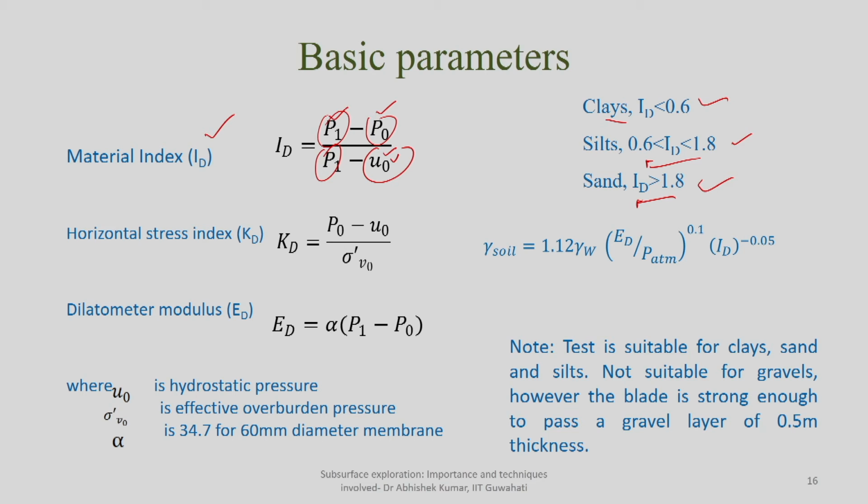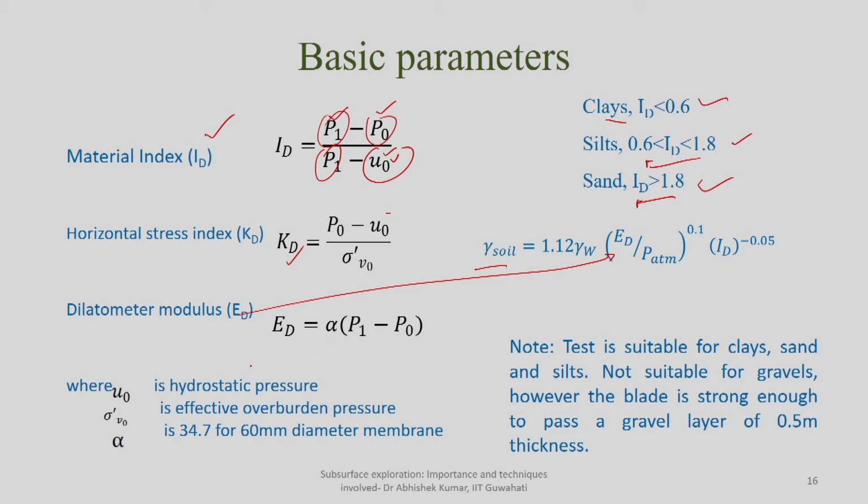Second parameter is the horizontal stress index KD, which can be calculated as P0 minus U0 divided by the effective overburden pressure. The gamma of the soil you can also determine using 1.12 gamma W ED. This is the dilatometer modulus which is used here, with atmospheric pressure in bars and 0.1, and the ID value you have calculated in the previous equation.